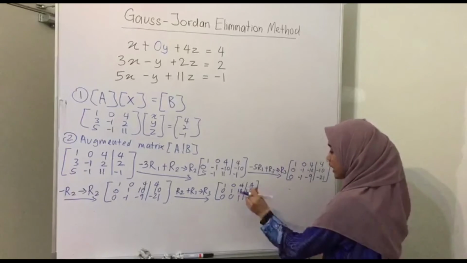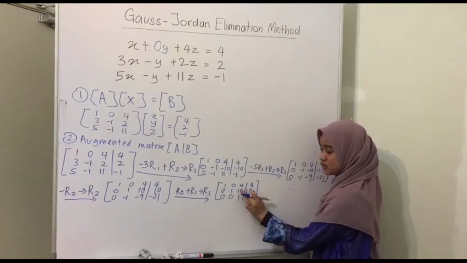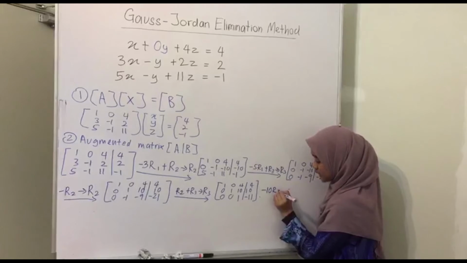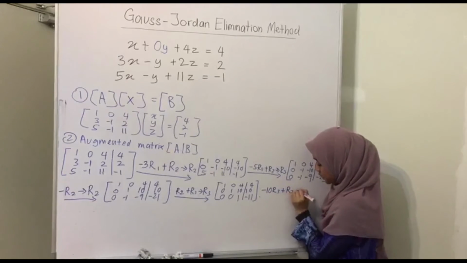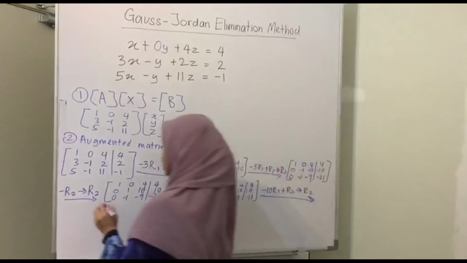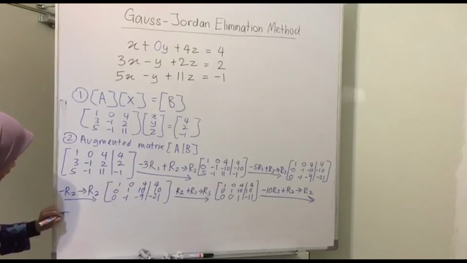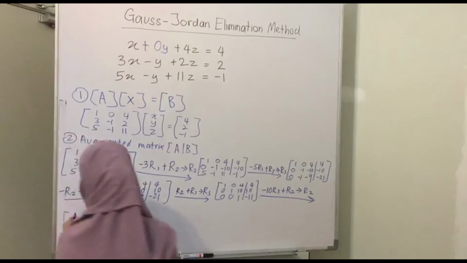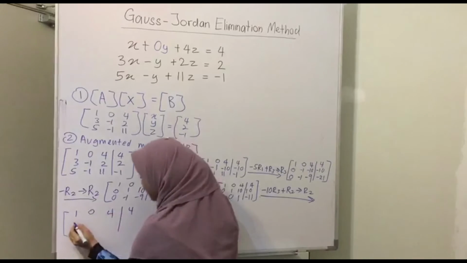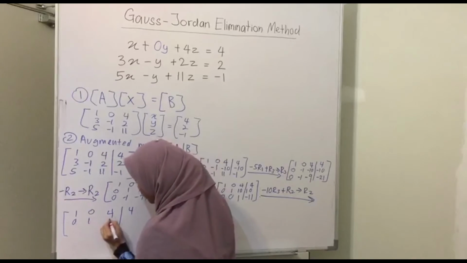After that, we must make the above of the leading one all 0. So I want to make this 10 to 0. So -10 R3 plus R2 will be R2. So here 1, 0, 4, 4, 0, 1, negative 10.